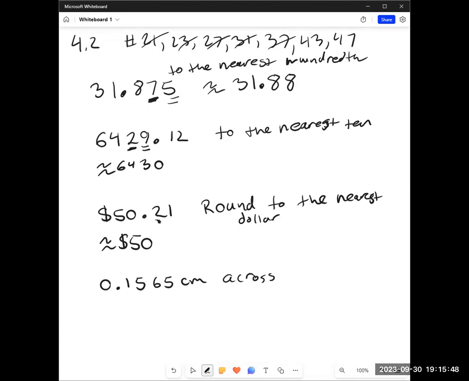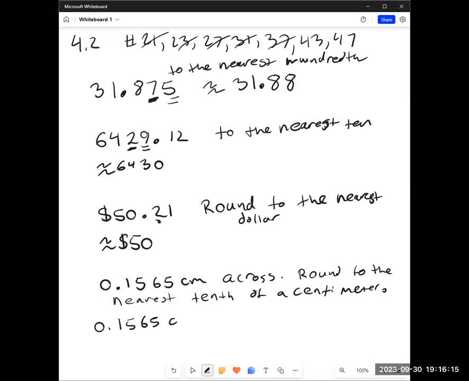Round this number to the nearest tenth of a centimeter. Okay, so we're going to say that 0.1565 centimeters is about, and we're rounding to the nearest tenth of a centimeter. So we're going to look at the hundredths place value, and that 5 is going to cause us to round up, and that's approximately 2/10 of a centimeter.